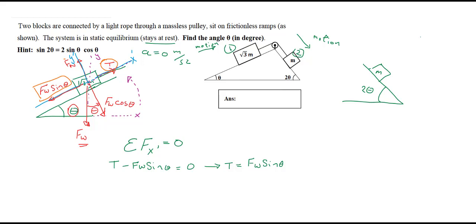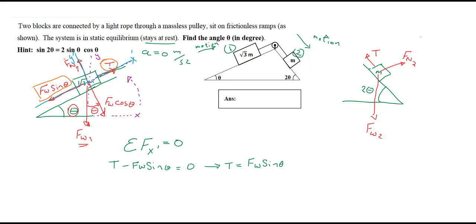You will have a normal force, Fn, I'm going to call it 2, and Fw 2, put 1 here. And then we have tension. There's no 1 or 2 for it because it's the same rope.